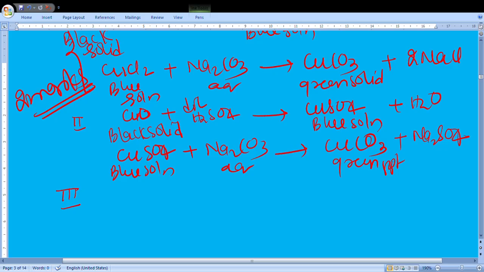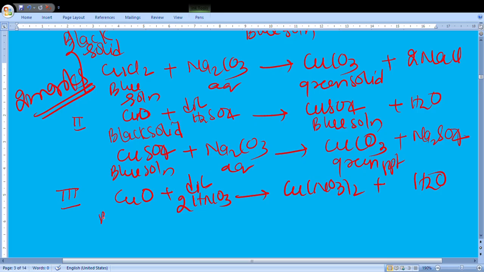Now third one, if you want to prepare CuCO3 by using HNO3, the first CuO plus dilute HNO3 gives Cu(NO3)2 plus H2O. CuO is a black solid, right? This Cu(NO3)2 will be a bluish green solution.